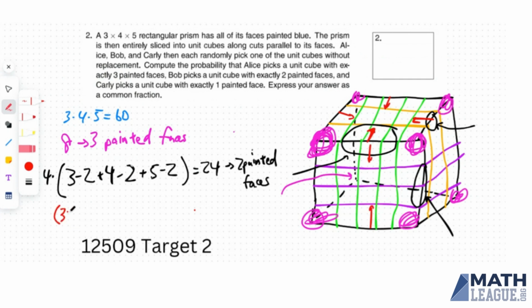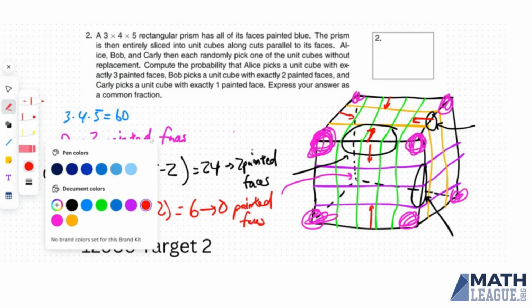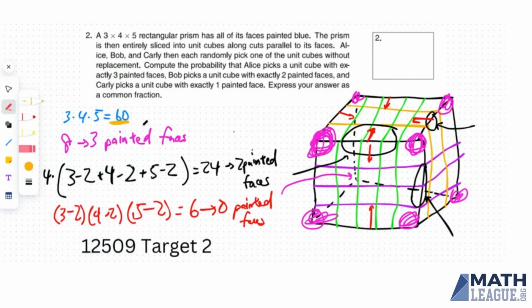That's 3 minus 2, times 4 minus 2, times 5 minus 2, so there are 6 with 0 painted faces. Since we started with 60 total, the number with exactly 1 painted face is 60 minus 24 minus 8 minus 6, which is 22.